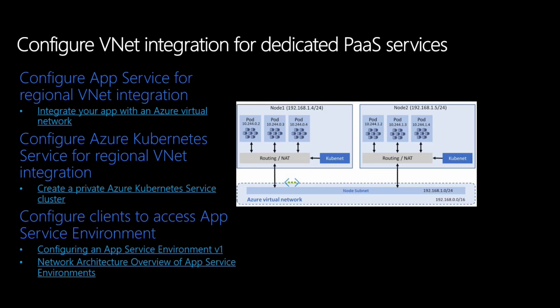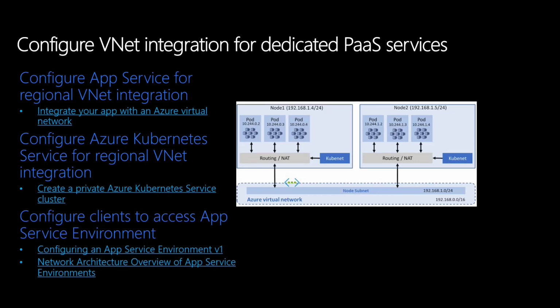However, VNet integration doesn't enable your apps to be accessed privately. In a lot of environments, you may have defined virtual networks and subnets with an allocated IP address range, and these virtual network resources are used to support multiple services and different applications.